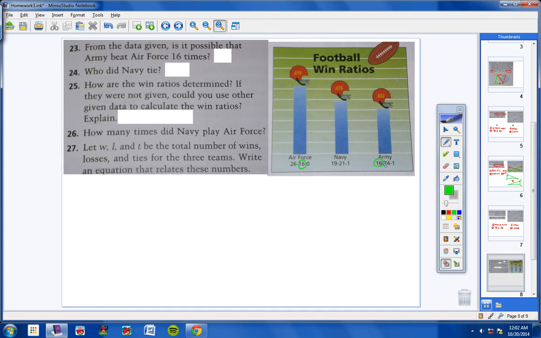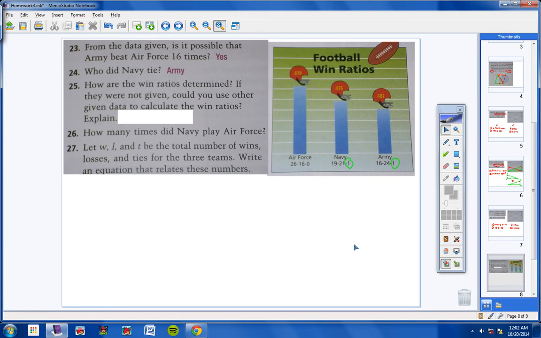Because Army has 16 wins and Air Force has 16 losses. So it's definitely possible. All right, now moving on. Who did Navy tie? Well, let's look for some ties here, okay? It looks like Navy has a tie, and it looks like Army has a tie. So, who did Navy tie? Well, they tied the Army team. Okay? All right, number 25.